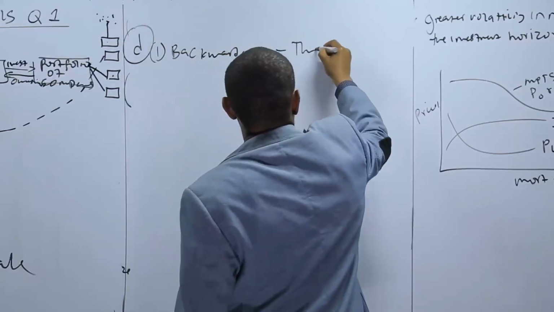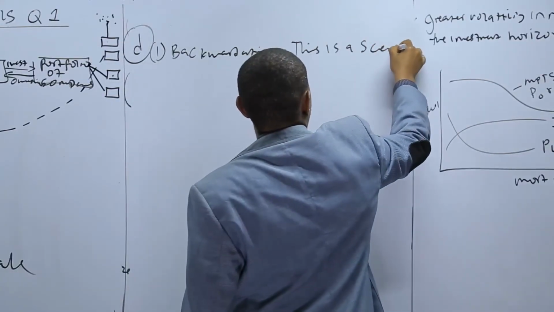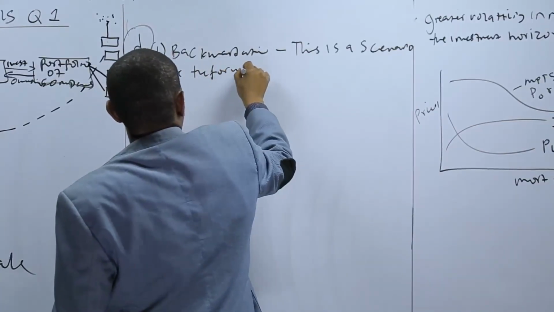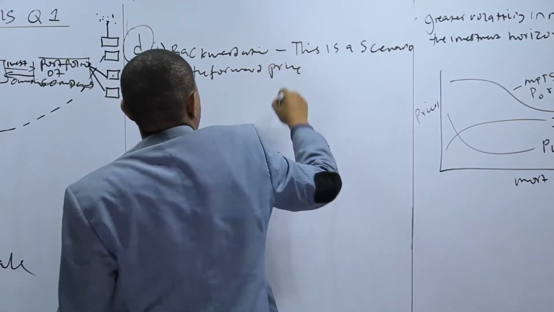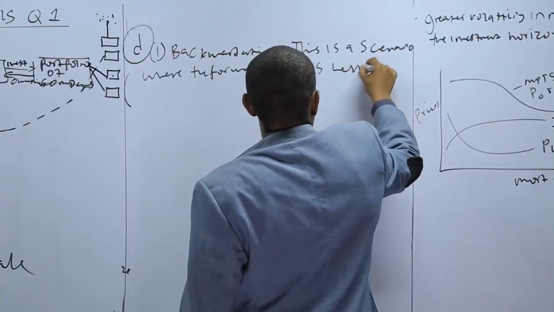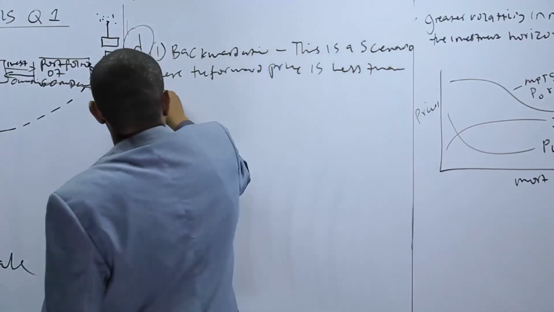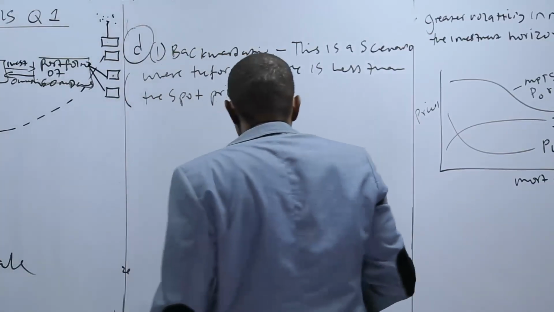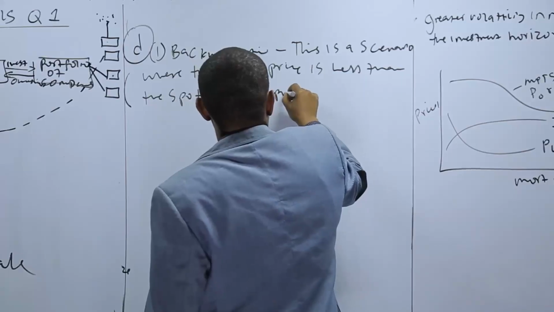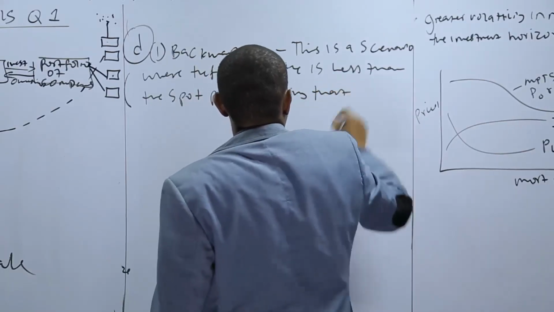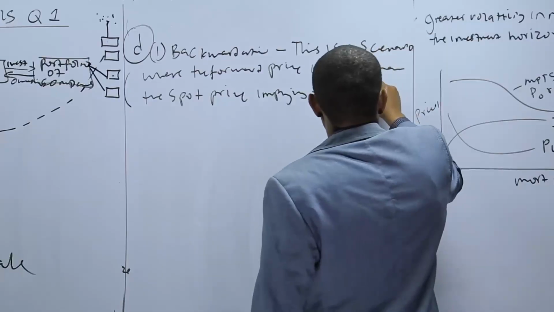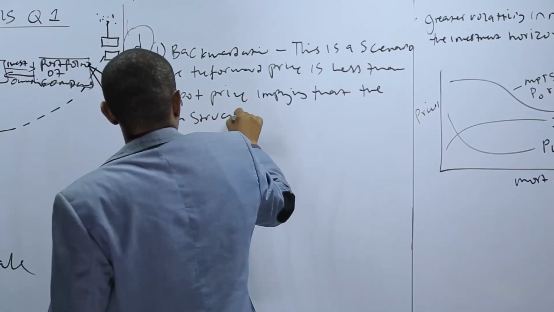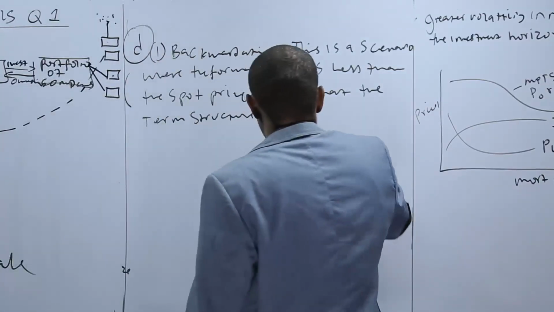We can say that this is a scenario where the forward price is less than the spot price, implying that the term structure is downward sloping.